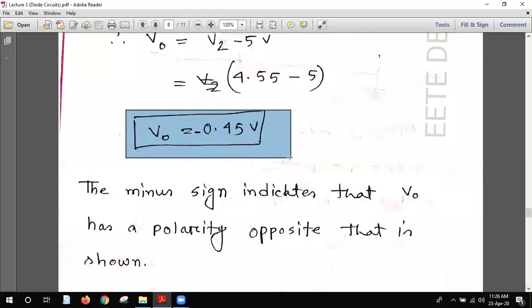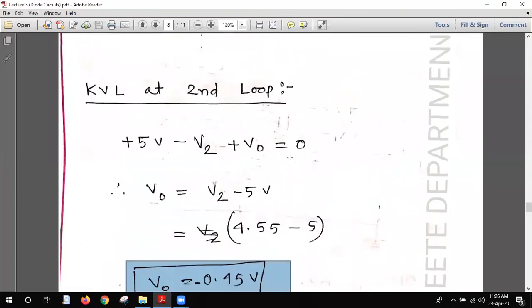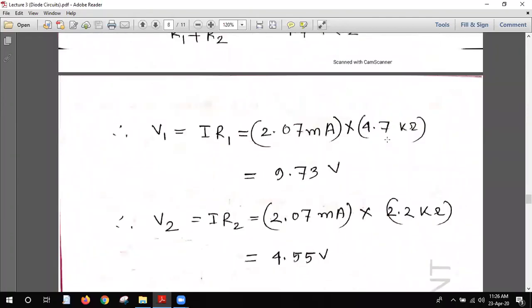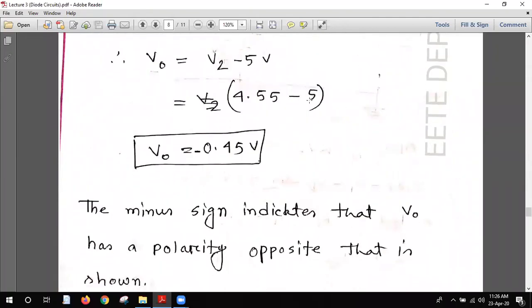The minus sign indicates that V0 has the polarity opposite to that shown. Here we have given the sign plus and minus, so this will be plus, this will be minus. The V0 value is basically the opposite, minus 0.45 volt. Hope you understand the whole equation.